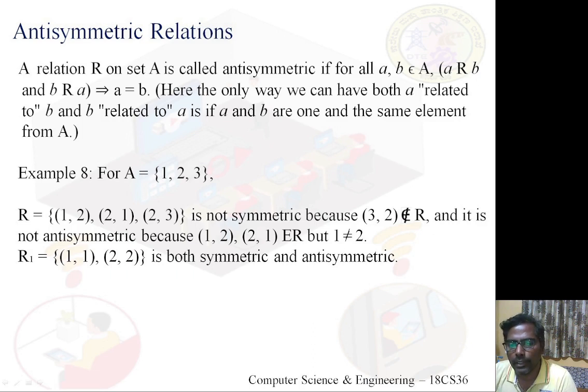But in R1 there is no pair of the form (a, b), so there is no question of searching for a pair of the form (b, a). So R1 is symmetric.